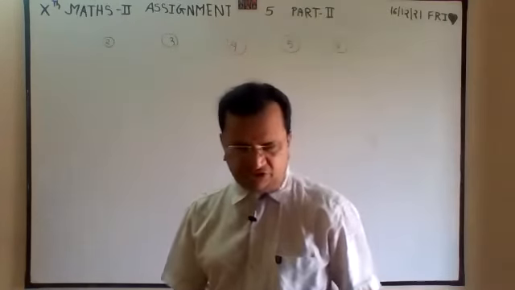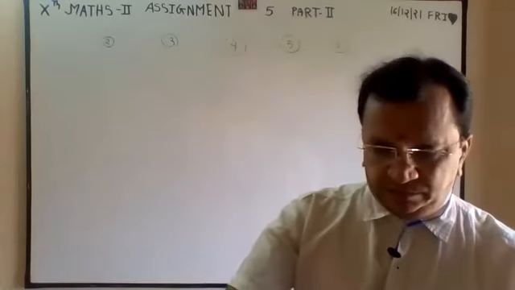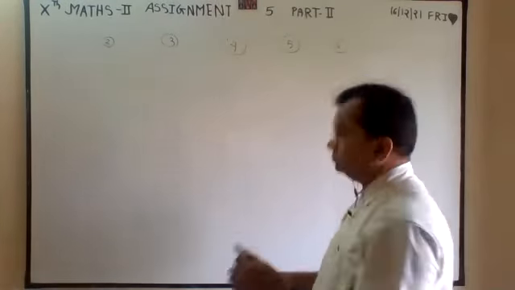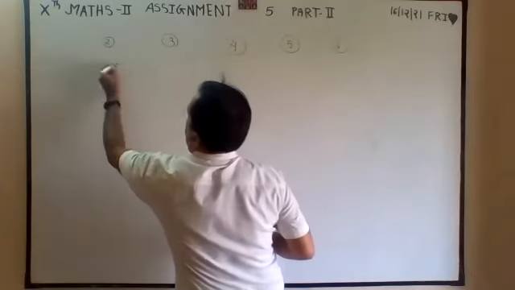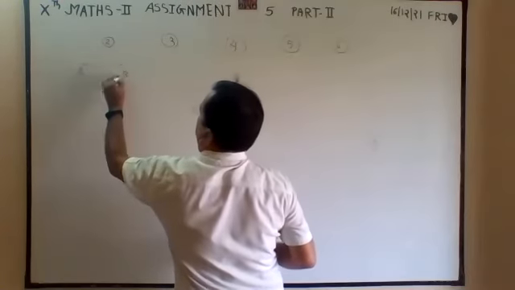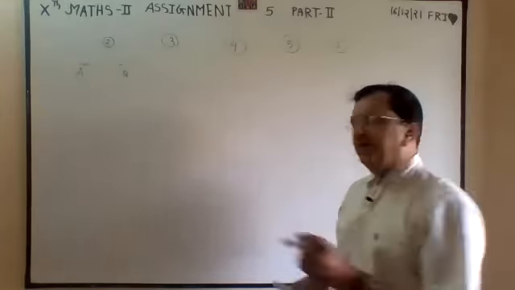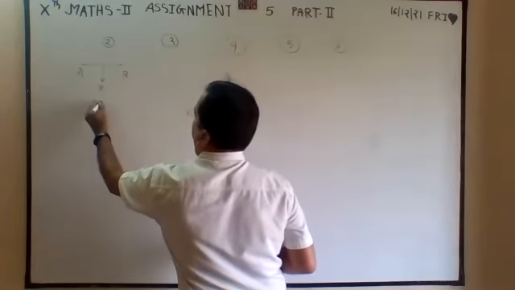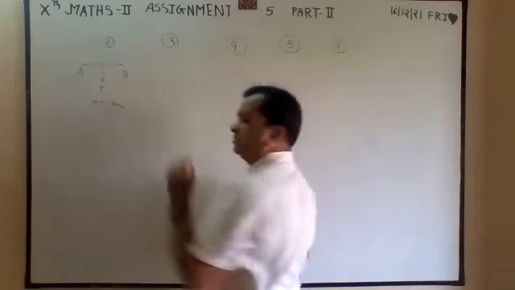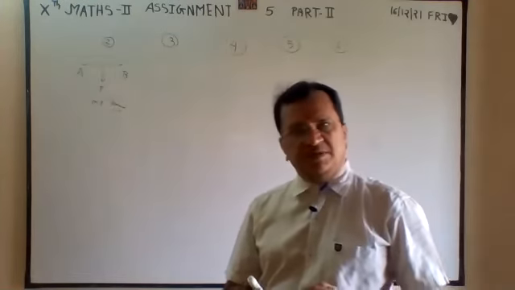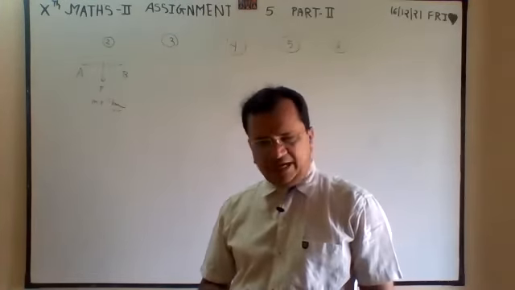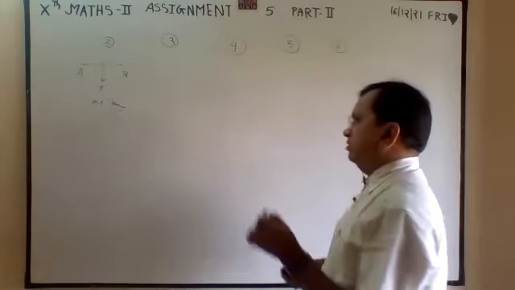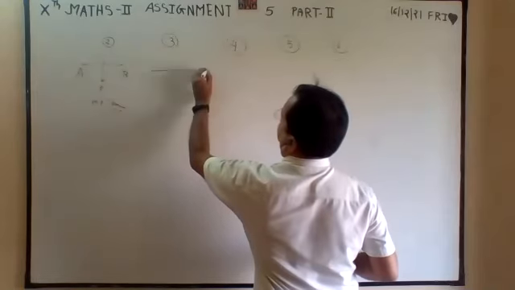How to calculate this? A and B given. By midpoint formula, just find this P. So midpoint. 2 part will be the equal part.